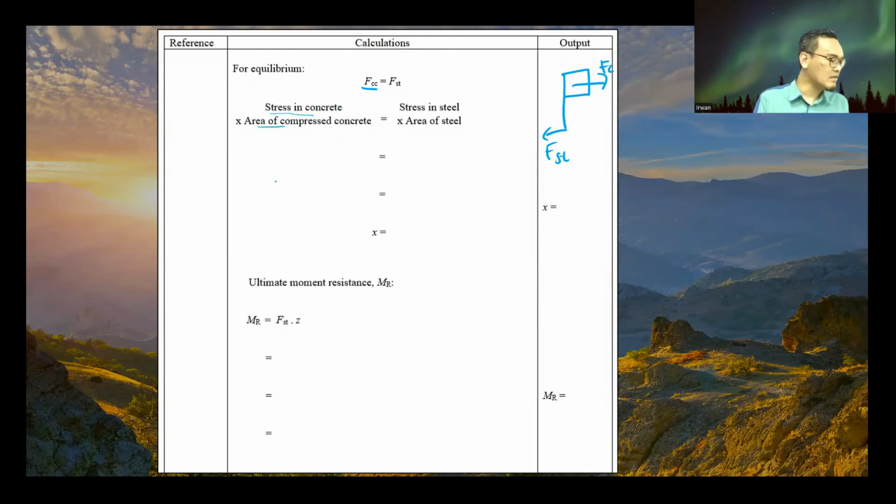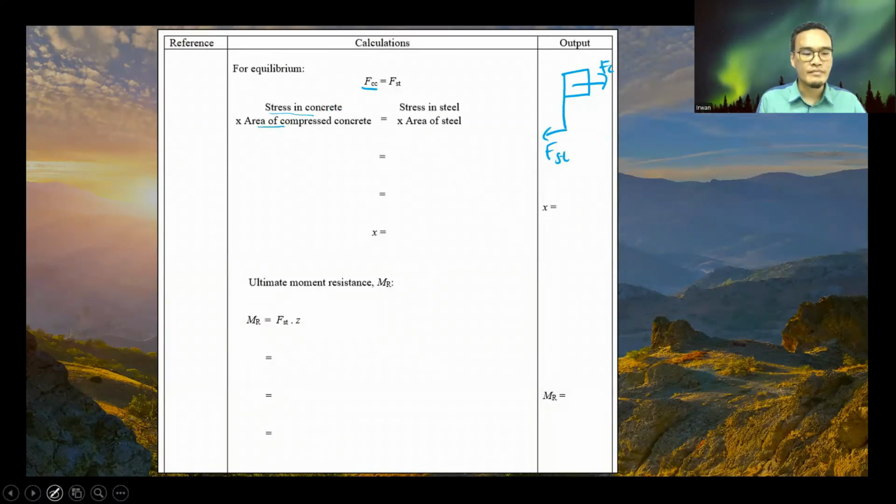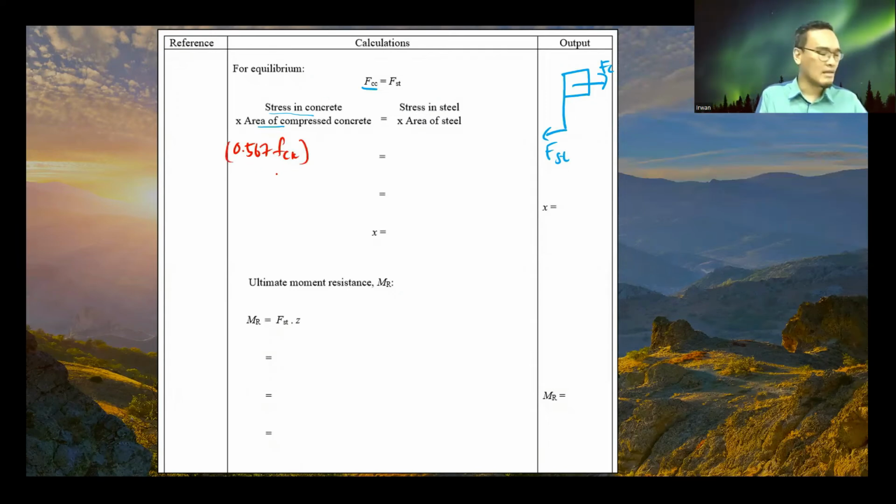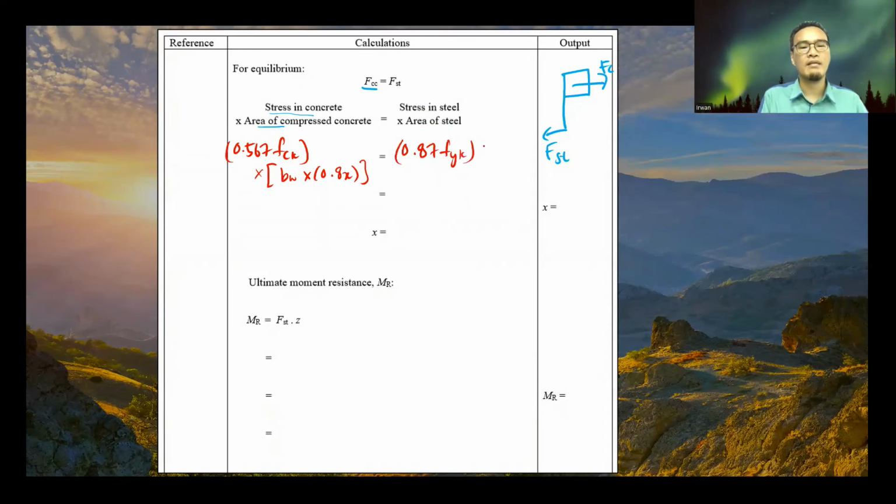The stress in concrete is 0.567 FCK, and then the area will be BW multiplied by 0.8x. The stress in steel is equal to 0.87 FYK, multiplied by the AS provided directly.